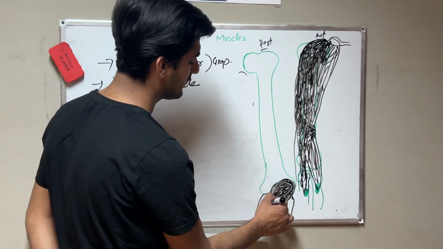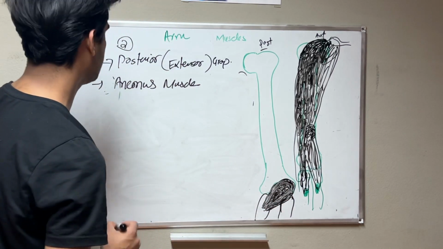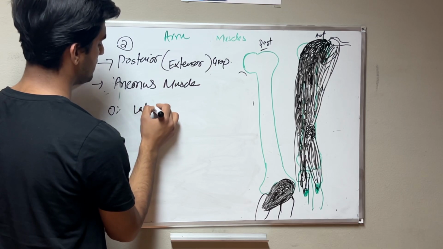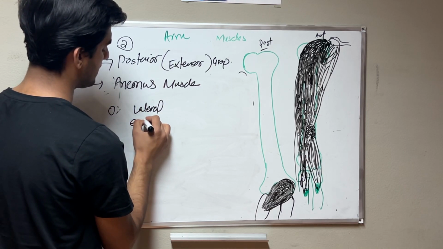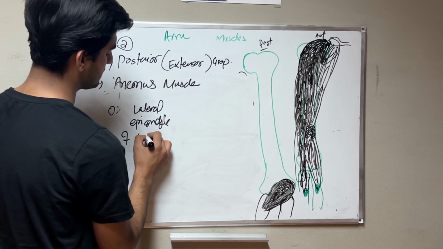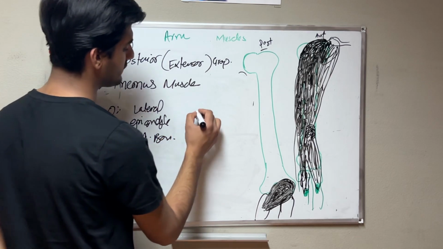Sorry, it is not the anterior surface, because this is the posterior view. This means it originates from the lateral epicondyle of the humerus bone and is inserted into the ulna bone.